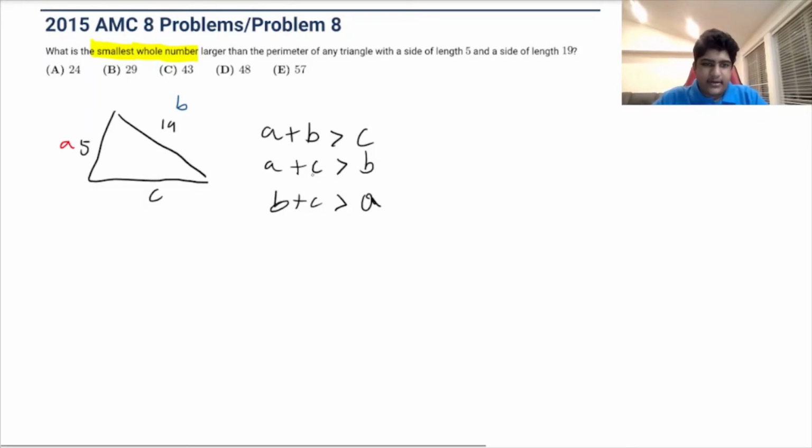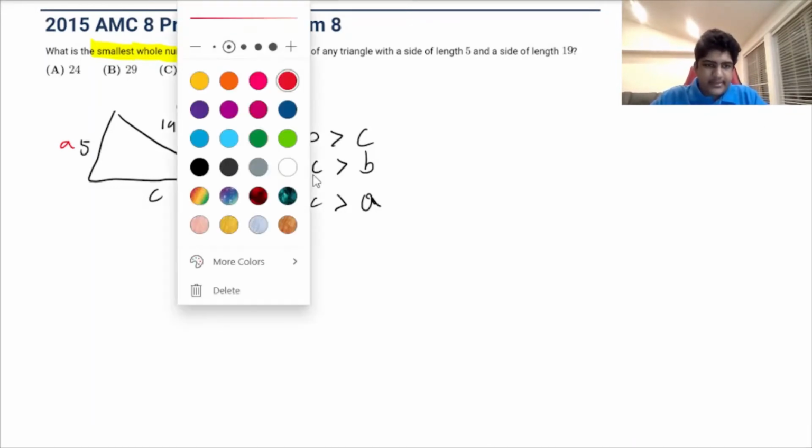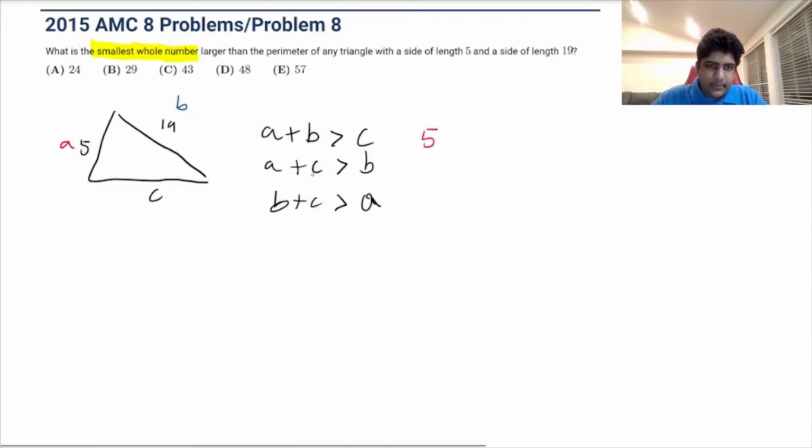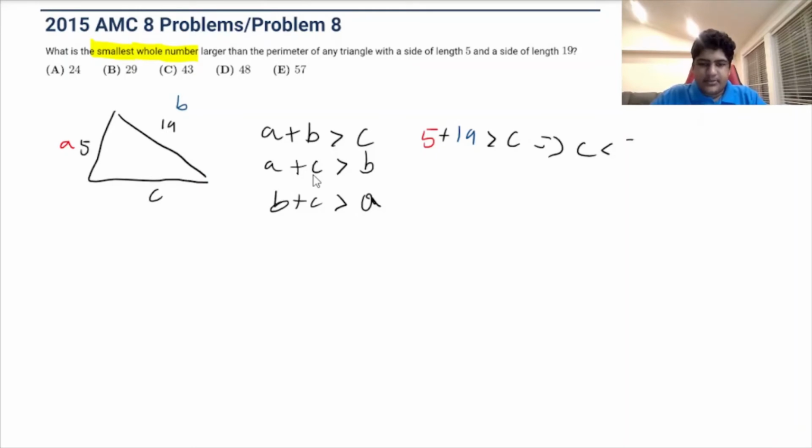A plus B is greater than C. This would give us 5 plus 19 is greater than C, or in other words, C is less than 24, which means that the maximum is 24, and just barely less than 24. So 24 is the smallest whole number that is larger than C.